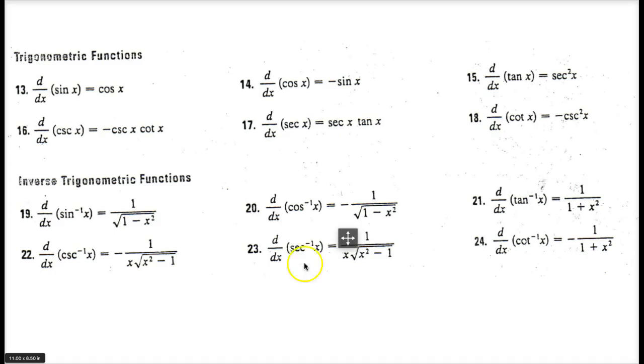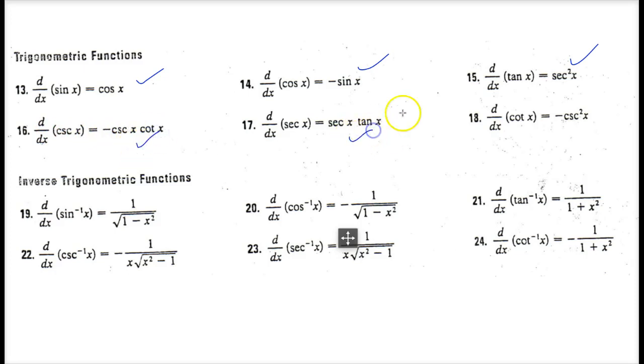All right, so before we go to these examples here, one of the things I want to make sure that we understand is the difference between the trigonometric derivatives and the inverse trigonometric derivatives. So for our regular derivatives here, we see that the derivative of sine is just cosine, derivative of cosine is negative sine, and derivative of tangent is secant squared. And of course, we also see here that derivative of cosecant is just negative cosecant cotangent.